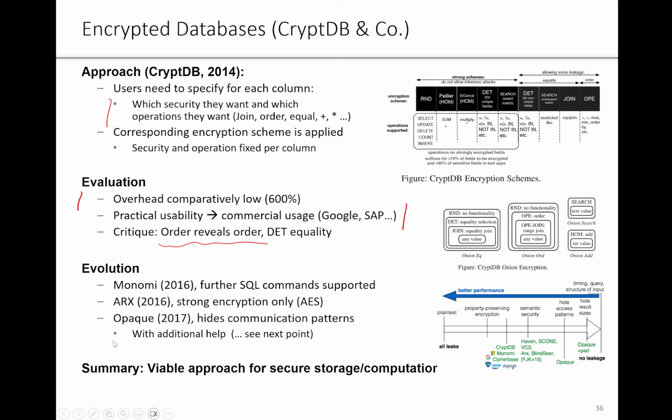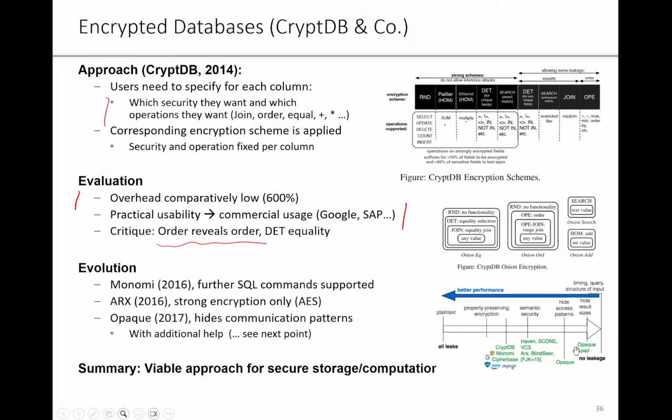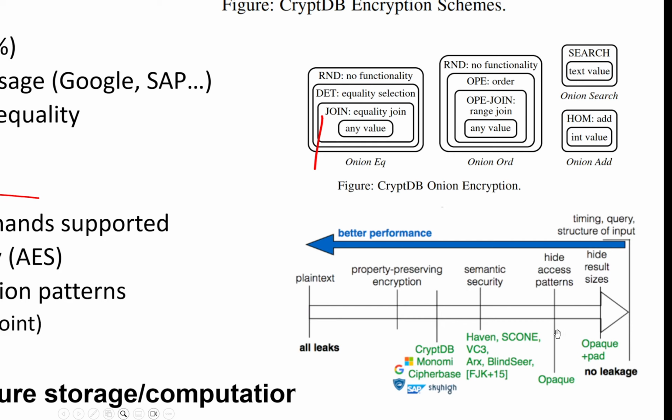Yeah, there are extensions. I don't want to go too much into detail, but basically, let's see what kind of trade-off there is. So if you have plain text, then everything is revealed. If you have property preserving encryption, that means that the same numbers result in the same encryptions.